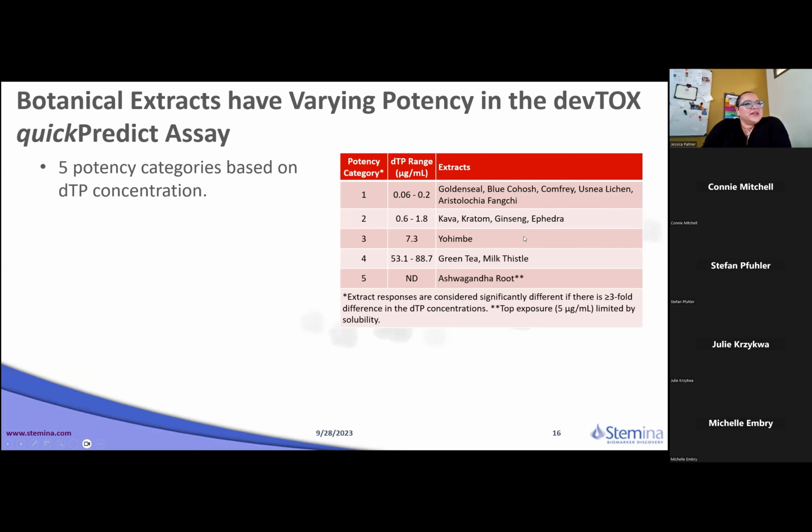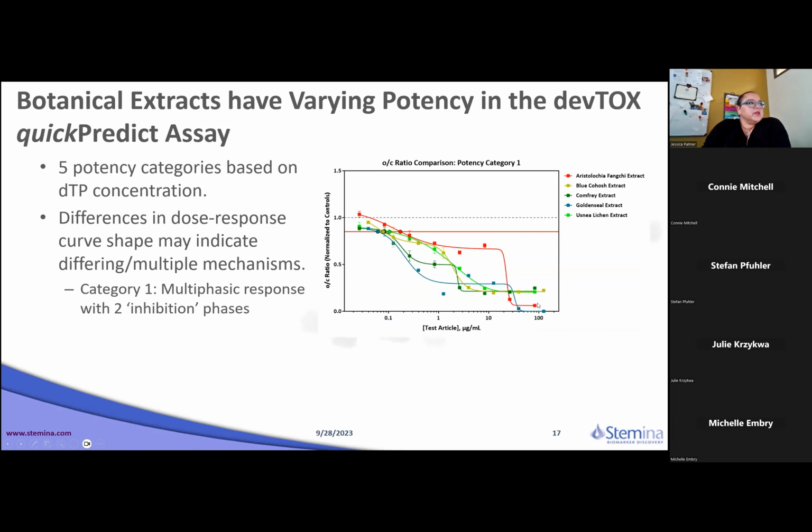Then kava, kratom, ginseng, and ephedra were the next most potent group. Yohimbe was in between group 2 and the least potent group that caused an effect in the assay, which was green tea and milk thistle. And then the ashwagandha root didn't cause an effect, as I said, but again, we have to keep in mind that the top exposure was only 5 micrograms per mL.